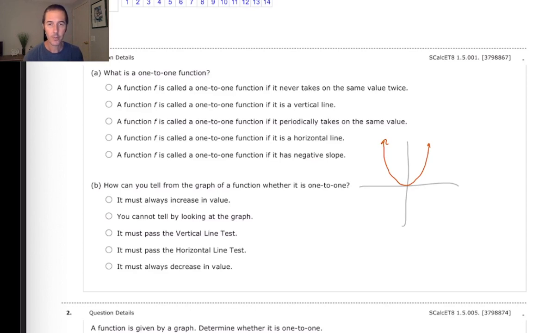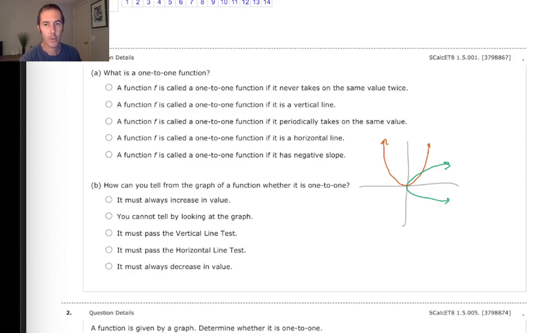The graph of the inverse of this function really should look like this. How can you generate the graph of the inverse of a function?